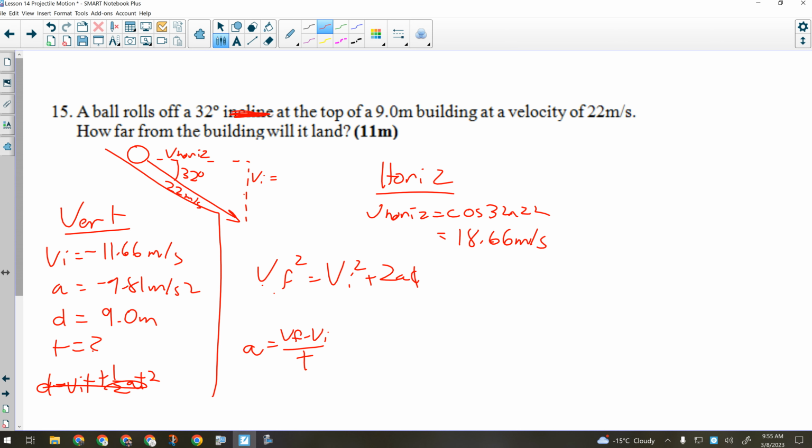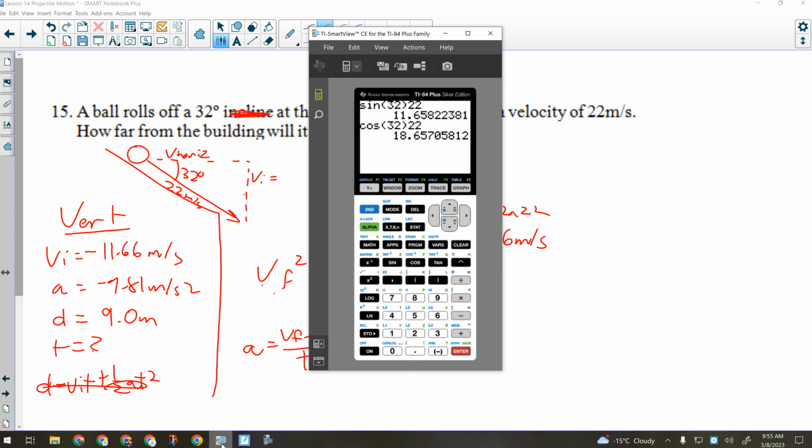So if we do that, we're going to have our 11.6 squared, plus 2 times negative 9.81, times negative 9, because the 9 is also downwards.